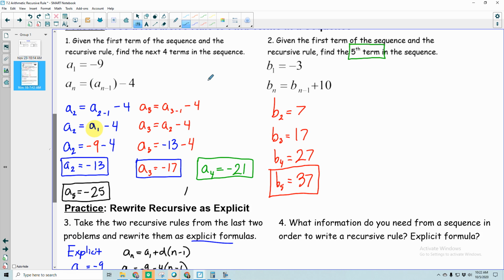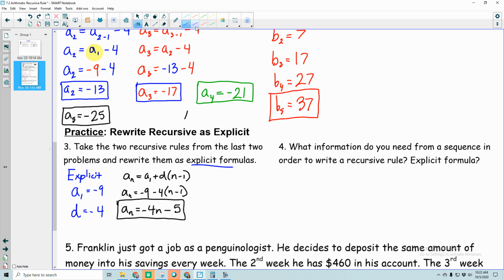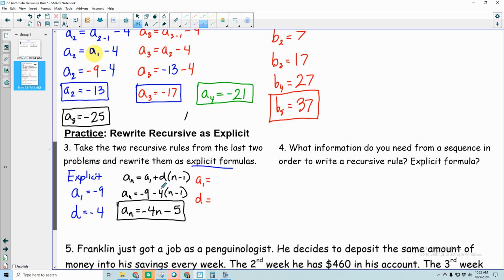All right, let's try this one more time for the second problem. Again, I just need to know what a sub 1 is, and what d is. So I have -3, and then my pattern is I'm just adding 10 each time. So if I'm plugging that into an explicit formula, I have -3 plus 10 multiplied by n minus 1, and then I just distribute this 10, right?